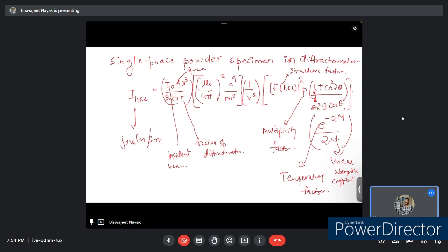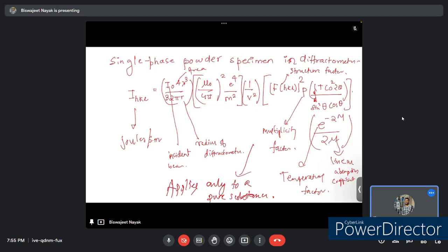A is the cross-sectional area of the incident beam, and lambda is the wavelength of the incident beam. R is the radius of the diffractometer circle, and mu naught is basically 4 pi into 10 to the minus 7. e here is the charge of the electron, and m is the mass of the electron.